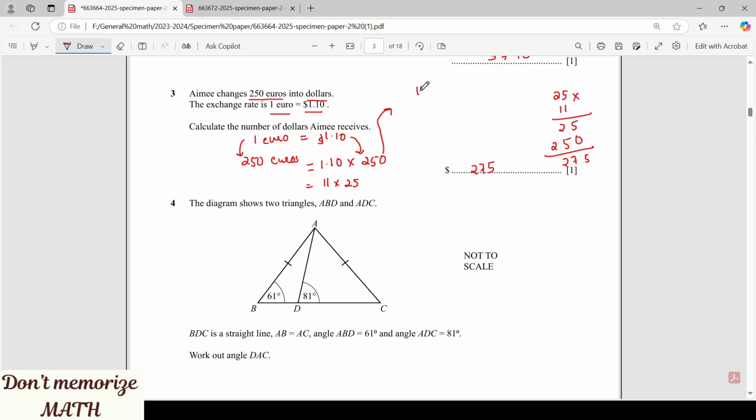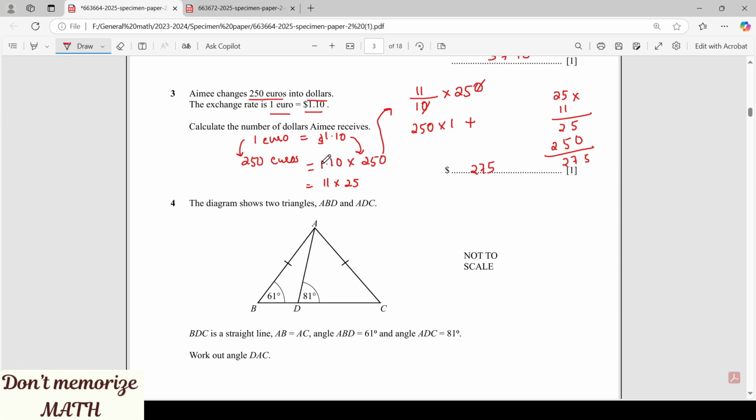1.10 you can write as a fraction, 11 over 10, times 250. You can cancel the zeros and simplify it. Then the same thing, 11 times 25, you will get 275. Otherwise, you can do one more method. You can take 250 times 1 plus 0.1, right?